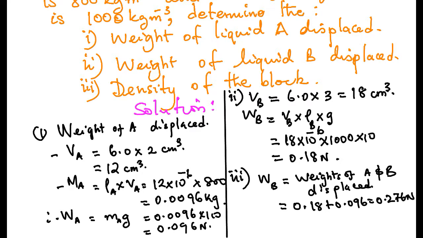Mass of the block is therefore equal to W over g, which is 0.276 divided by 10, which is 0.0276 kilogram.